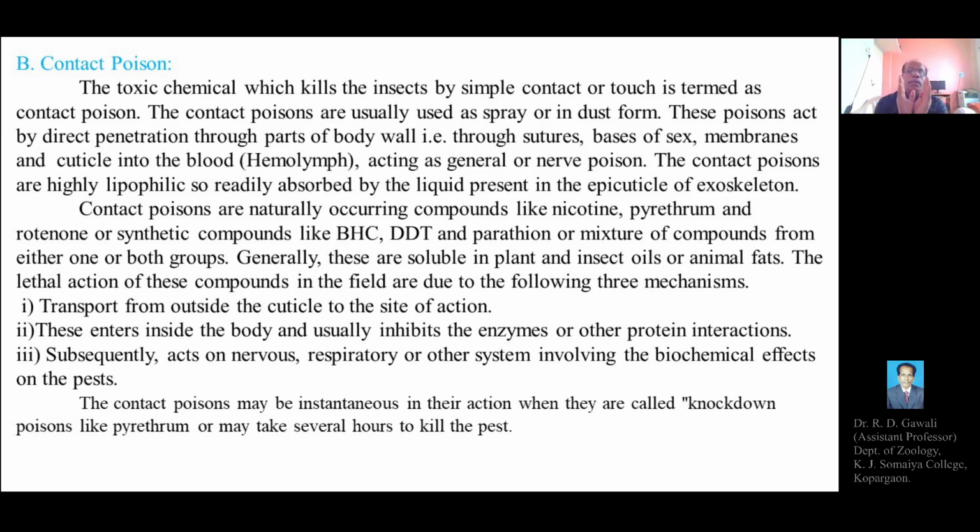So the contact poisons have two groups: one natural compounds and two synthetic compounds.